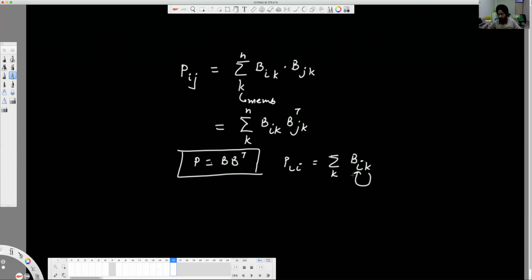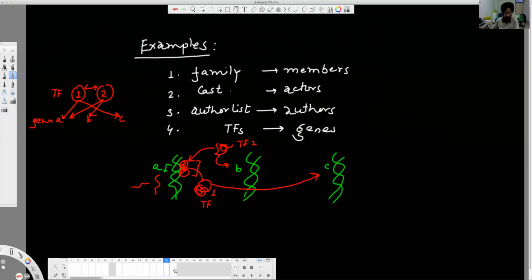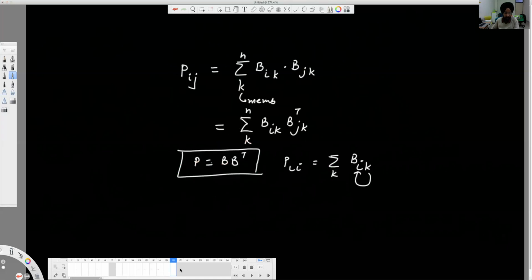So let's say family size, number of authors in a paper, the size of a movie casting, right? So that's what it's very similar to, the co-citation network. Okay, so that's another thing which was similar to co-citation and bibliography.